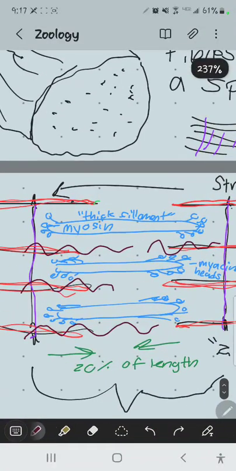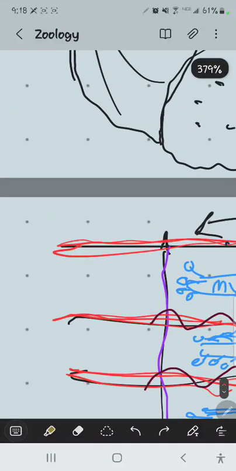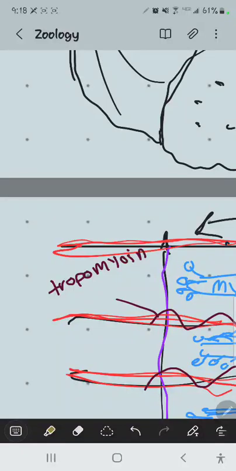I'm going to combine this with another protein that is called troponin. And I'm not going to worry about you knowing the difference here, but troponin is basically the binding site for calcium. I'll just go ahead and use dots here. So I'll go ahead and say that this is troponin.